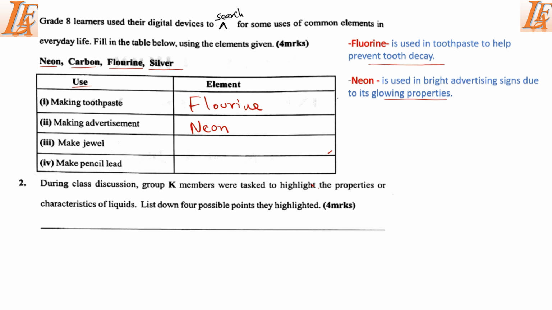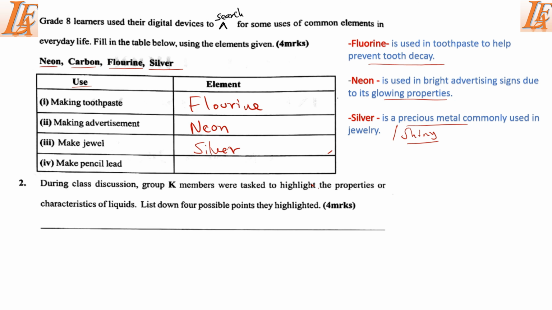The third use is making jewel. And the element that we use in making jewel is silver. And the reason why we use silver is because silver is shiny and a very precious metal. Then the fourth one is to make pencil lead.